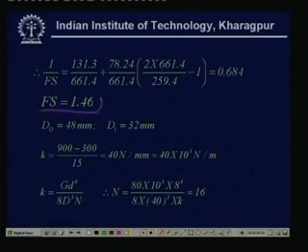So, the factor of safety comes out to be about 1.46, which is very near to 1.5 and quite suitable for the design, and we accept C to be 5 and D to be 8 mm.